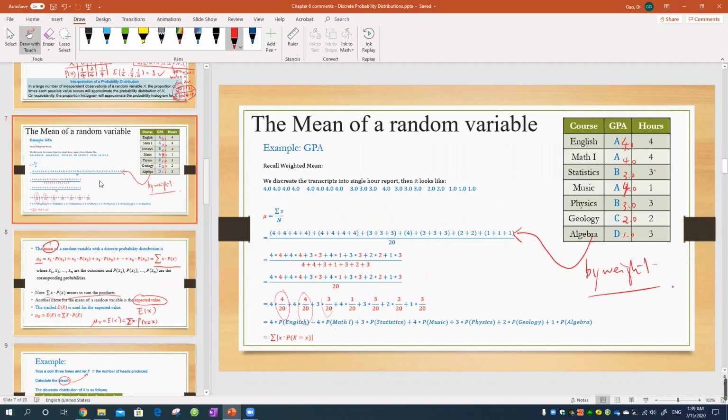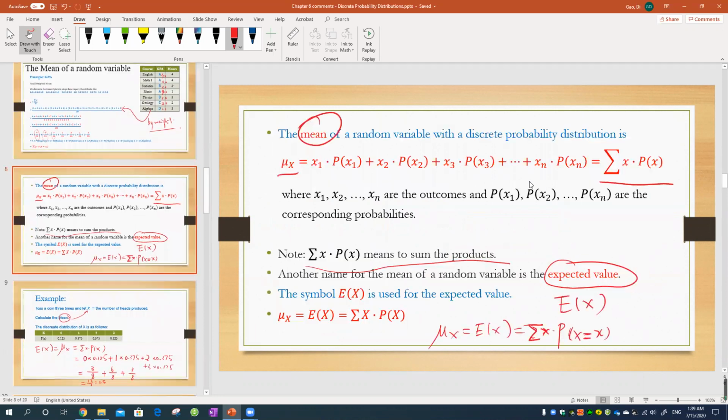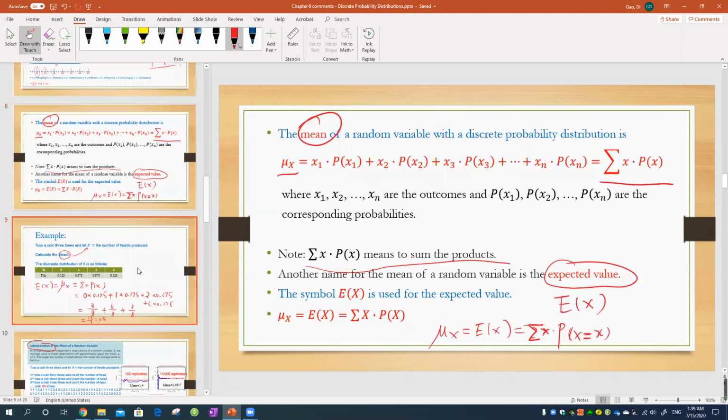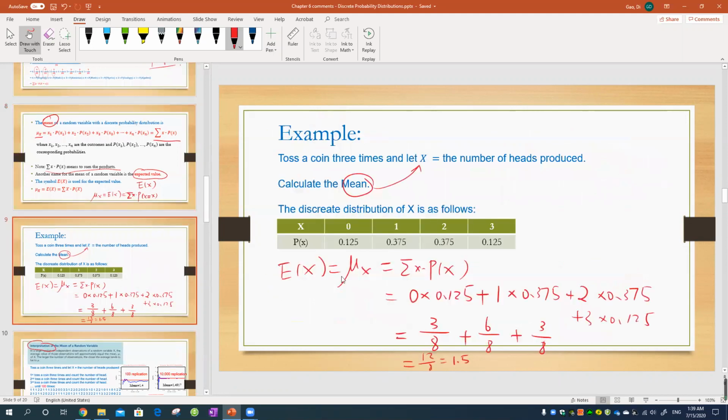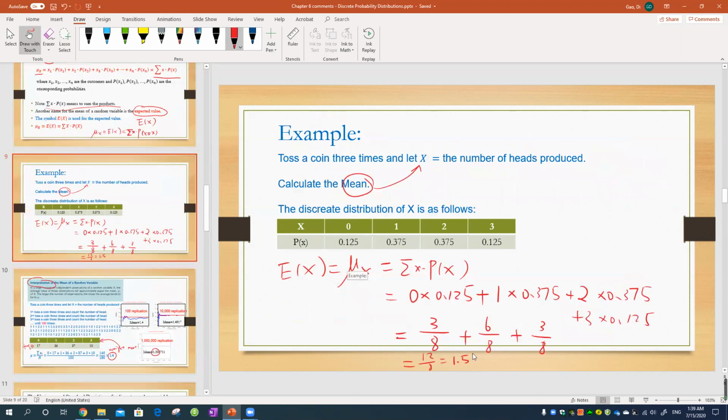We're looking at the weighted mean because we not only look at the values that this random variable x can take, we also look at the corresponding probabilities, or what we call weights. This is a weighted mean, which is the theoretical value of the random variable x.